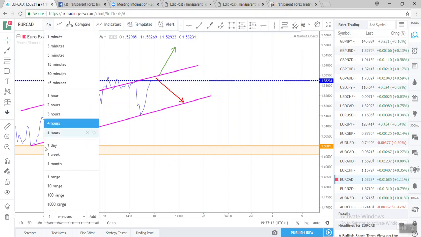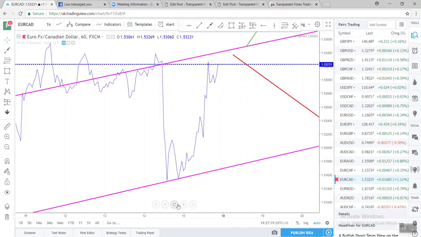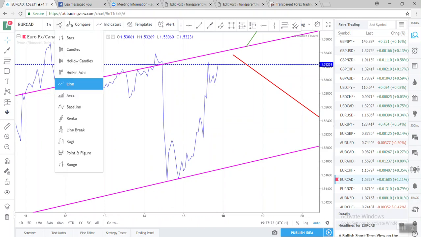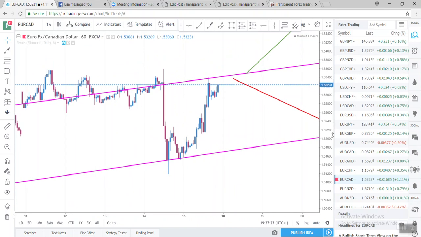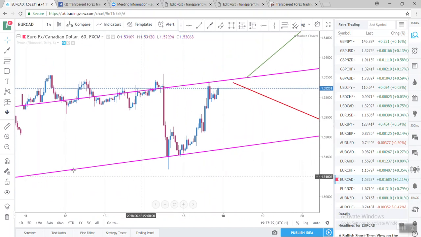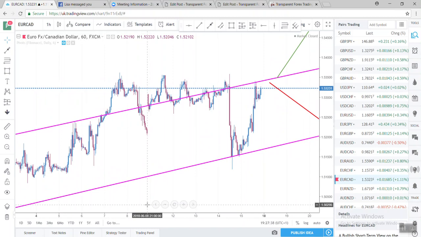I don't imagine going down to the 1 hour is going to make much difference, but let's have a quick look. It's quite steep. Put the candles on. See, I don't like the way it sort of just breaks through quite effortlessly.